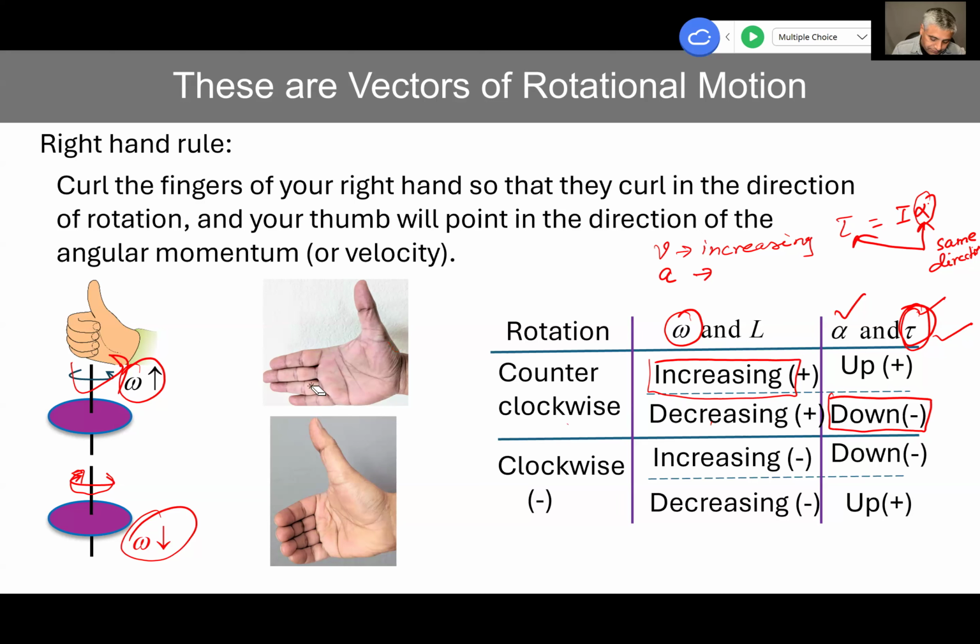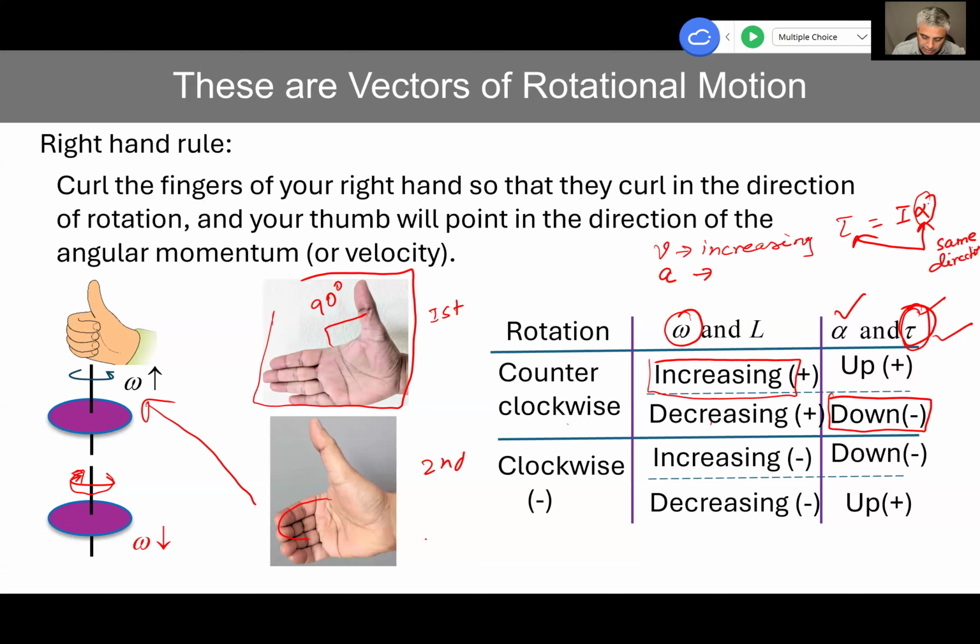And by the way, to get this, you start your hand with something like this, palm and the thumb straight. Try to make this 90 degrees, okay? And then you are curling this in the direction of rotation. So that's the two steps, right? First, second.